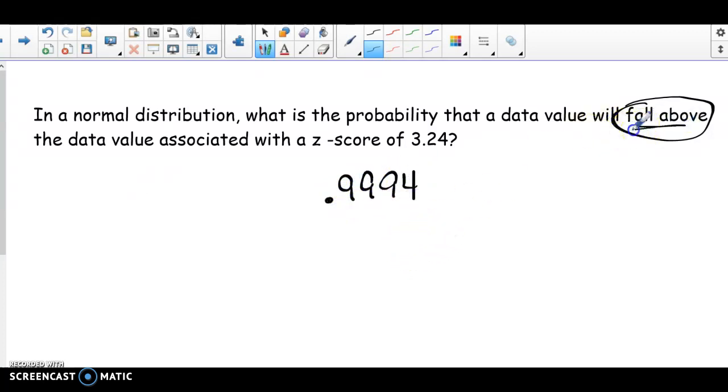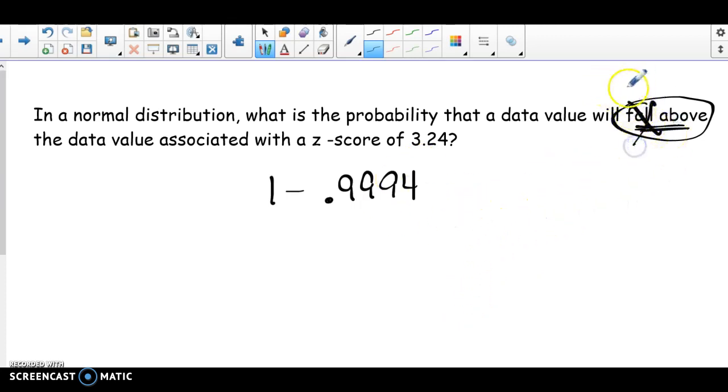But I want to know everything that will fall above that. Remember, the table shows us everything below it. So I actually have to do 1 minus 0.9994. And that one's going to be a really, really small number. So that's not really a good question.